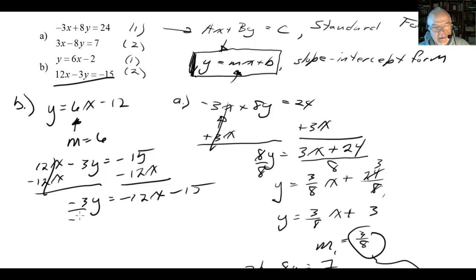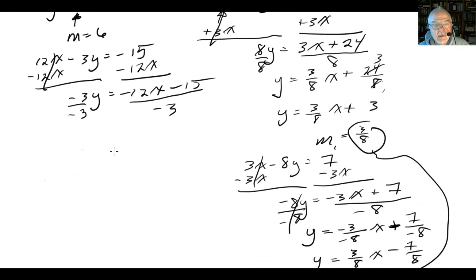I have to get rid of the minus 3, so I divide both sides by minus 3. And you see, this is really not too bad. Minus 3 divided by minus 3 is 1. 1 times y is y. So that cancels that. And what do I get here? Minus 12 divided by minus 3x minus 15 over minus 3. Well, I can simplify that.